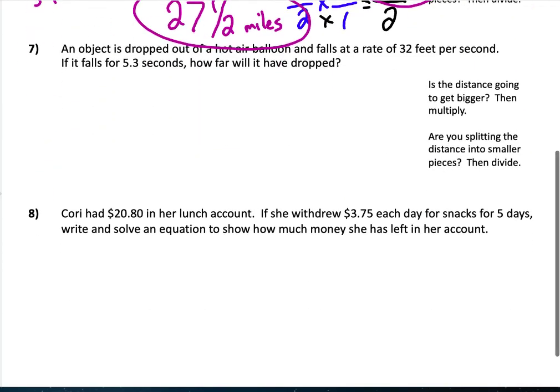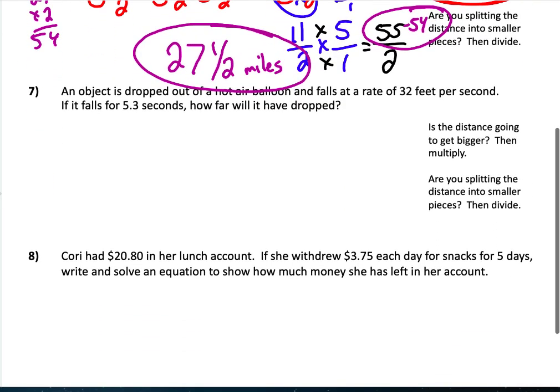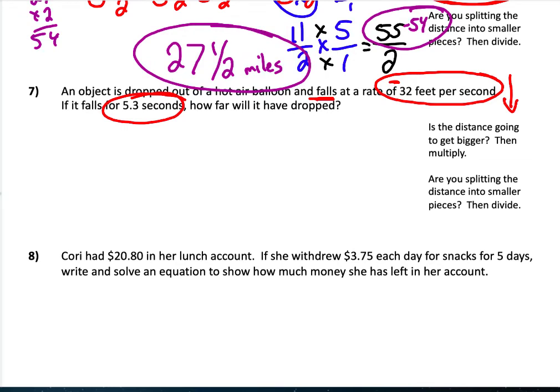All right, almost done. Number 7 says an object is dropped out of a hot air balloon. So that means it's falling at a rate of 32 feet per second. That's going to be a negative 32 because it's falling down. If it falls for 5.3 seconds, and each of those seconds it drops 32 feet, how far will it have dropped?